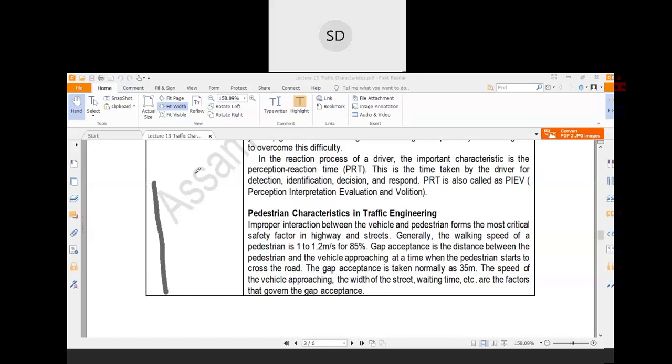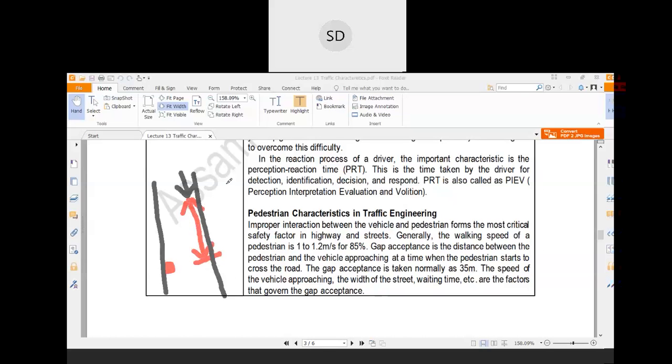Suppose this is a road, one vehicle is there and one pedestrian, or one road user tries to cross the road. At the moment when the pedestrian starts crossing the road, the distance between the pedestrian and the vehicle approaching that portion is called gap acceptance.